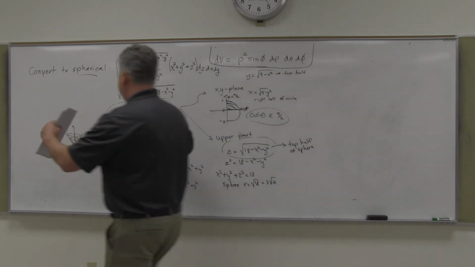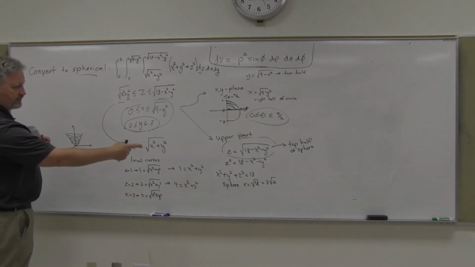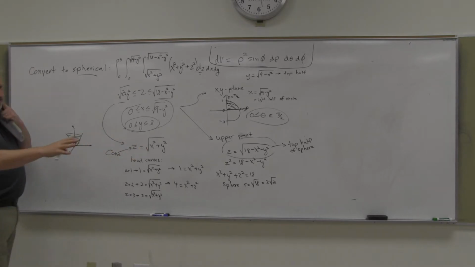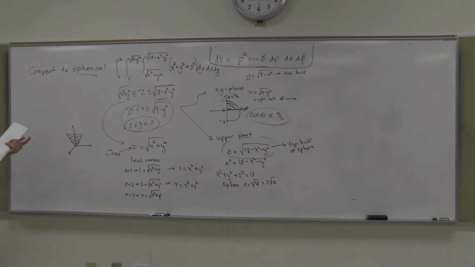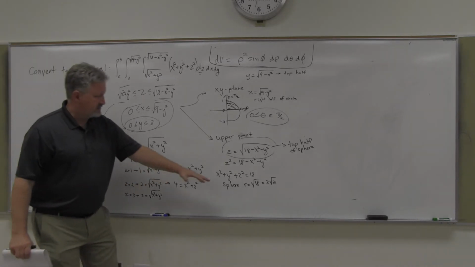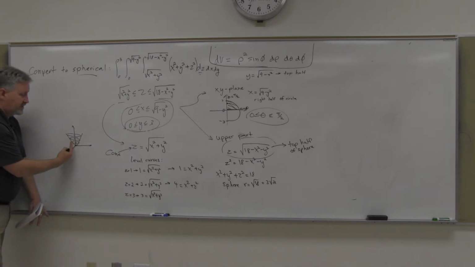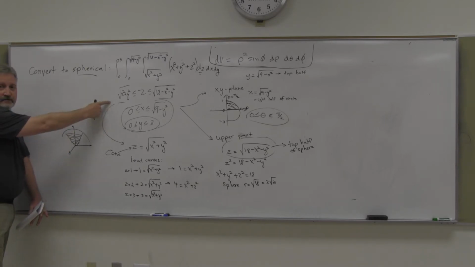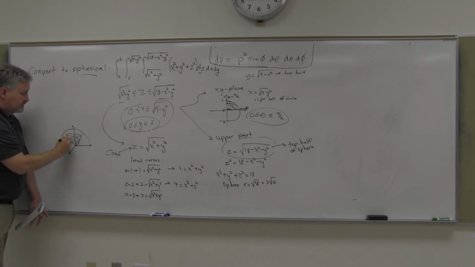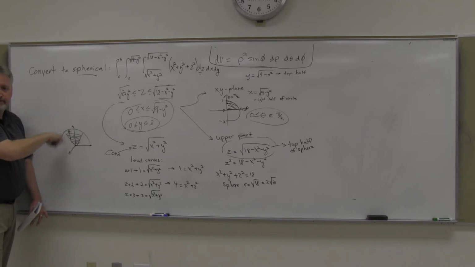So imagine then, all right, so radius is a little over 4, right? So we've got this, so our z's are going to go from this cone, that's our lower limit, up to the sphere, which is radius 4 sphere. So we're going from that cone up to that sphere, right? That's what that's telling for the z. Z goes between those.